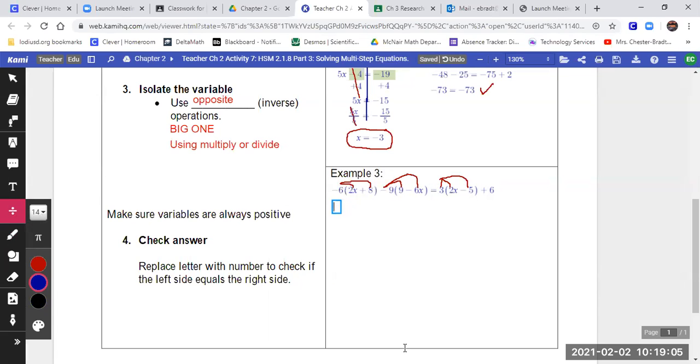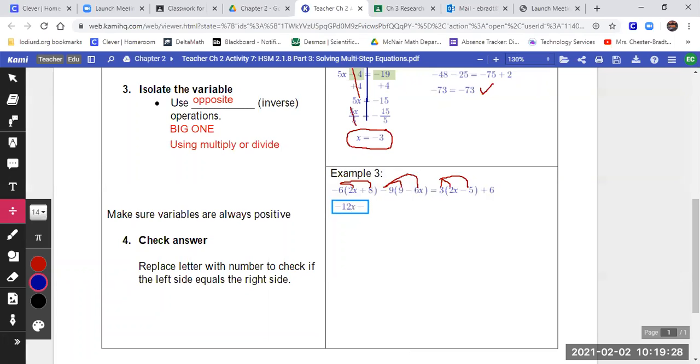Negative times positive, I know my answer is negative. 6 times 2 is what? 12. Oops, there's an X on this, it's 12x, sorry.